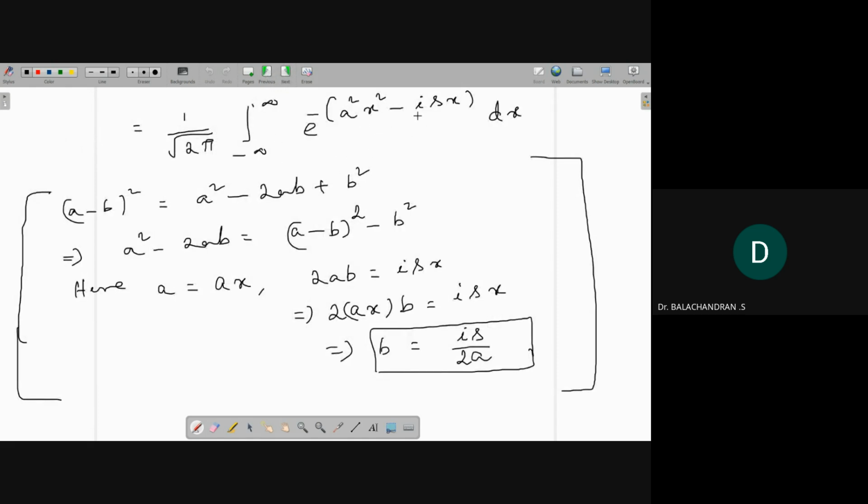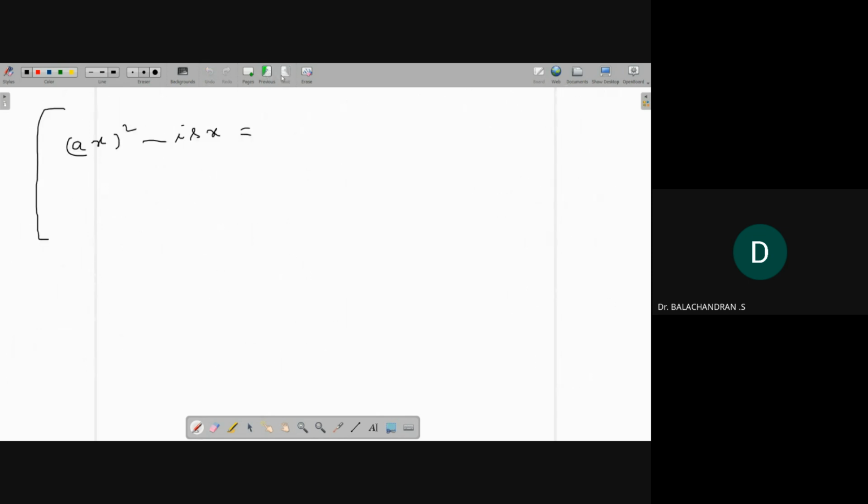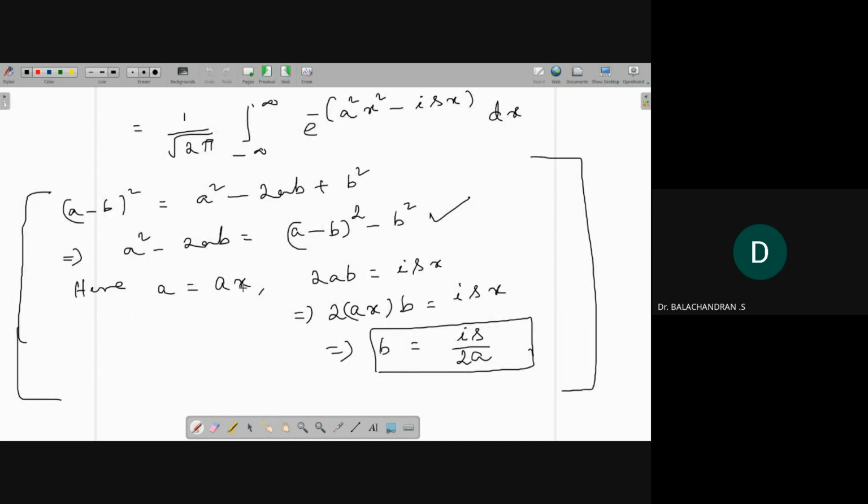Using this identity, a square minus 2ab, because a equal to ax, instead of a I'm going to substitute ax, so (ax) whole square minus 2ab.